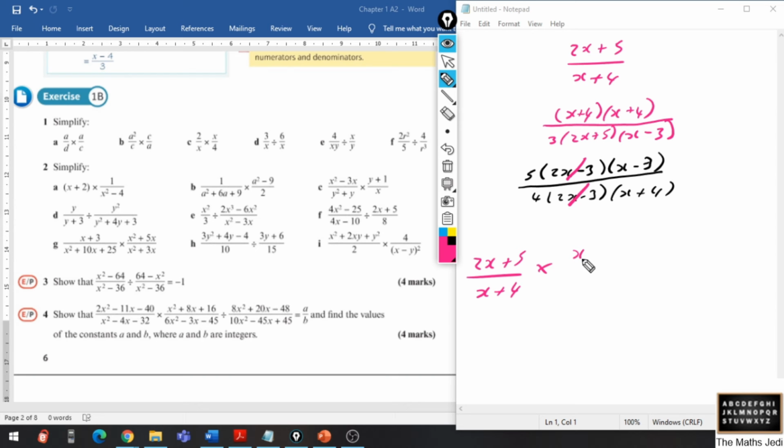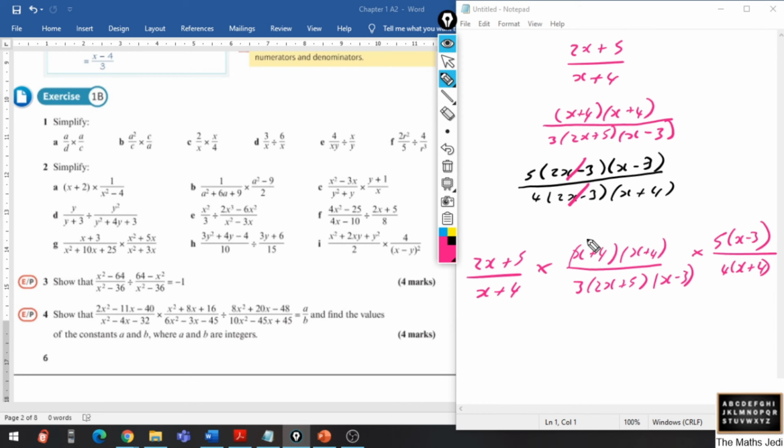The second fraction was this. And the third fraction was this one. So that's this bit and this bit, and then 4 brackets x plus 4.